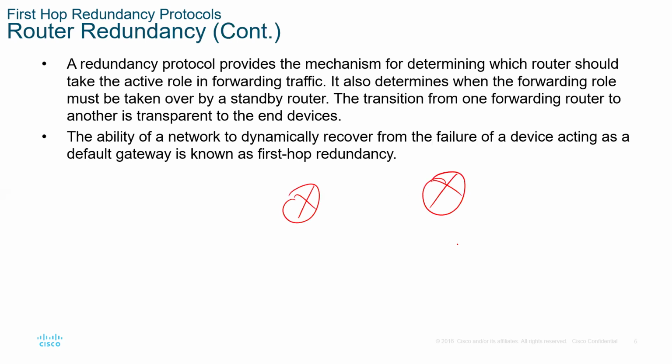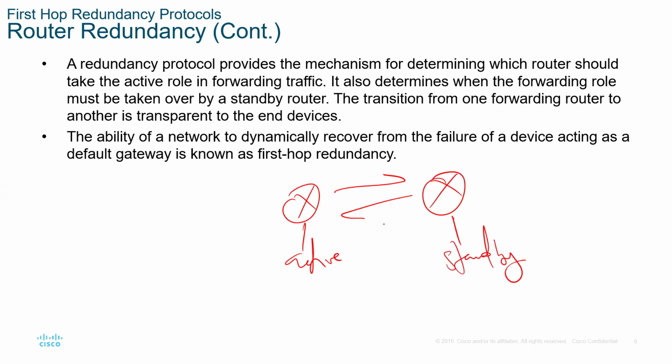They will need to exchange messages between them, so, for example, they know which of the two routers becomes the active router and which becomes the standby or backup router. So there is an exchange of messages for that. That's where the protocol comes in.